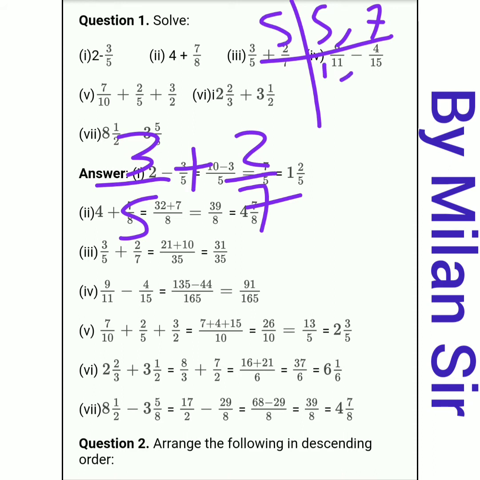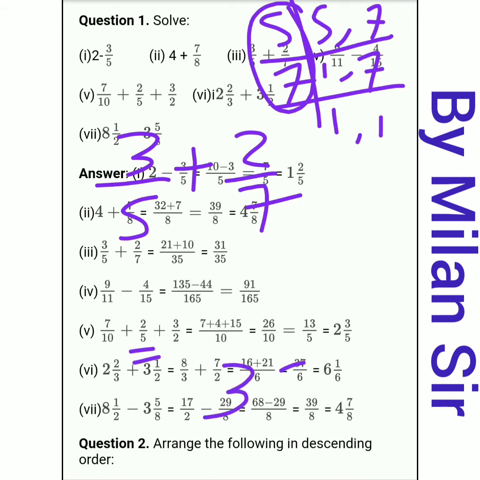Now 7 as it is, because 7 does not come in the table of 5. Then 7, here 1 as it is, 7 ones are 7. So this is our LCM answer. 7 fives are 35, so our LCM is 35. Just write down 35 in the denominator.